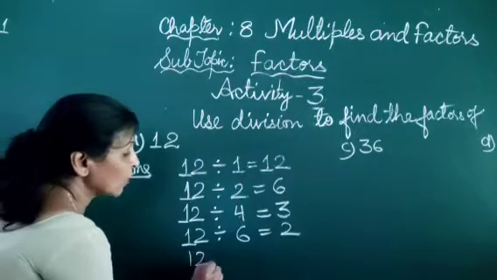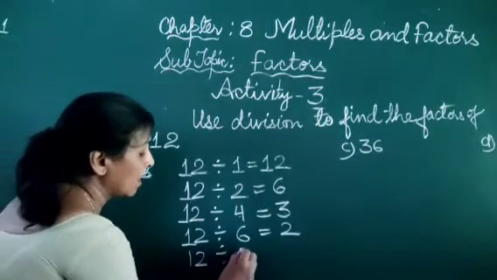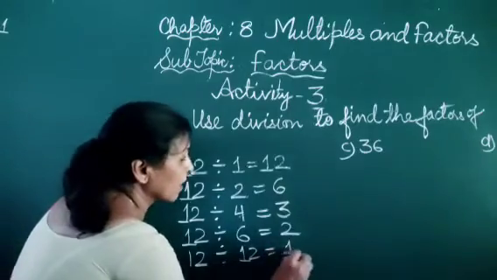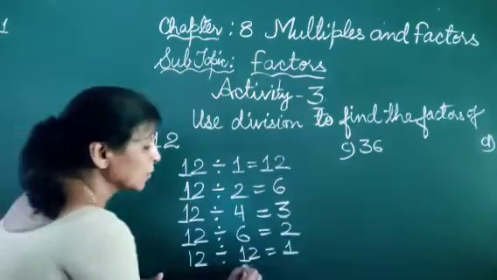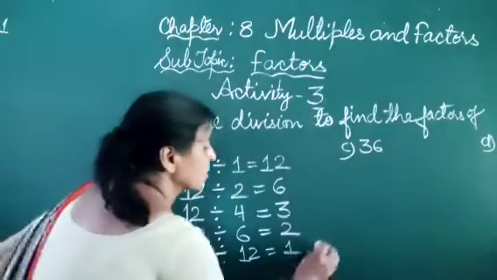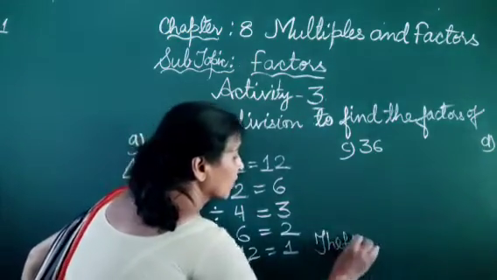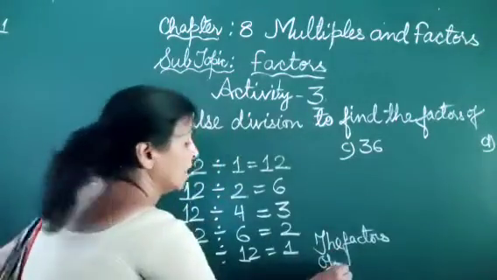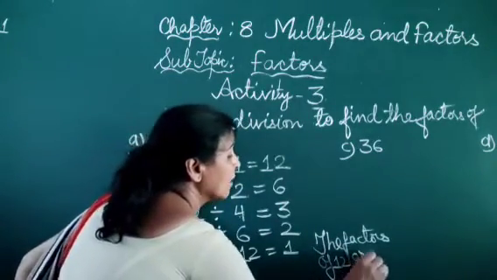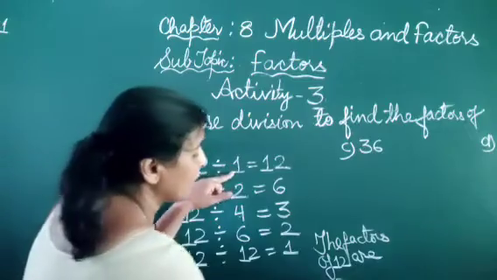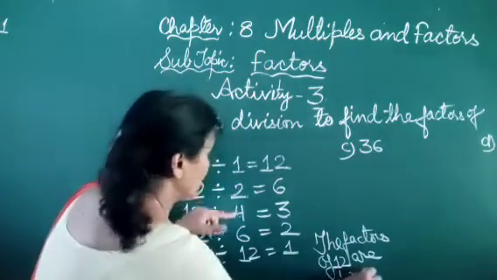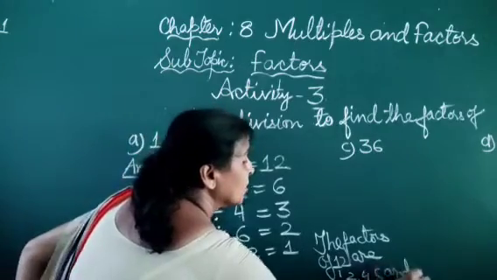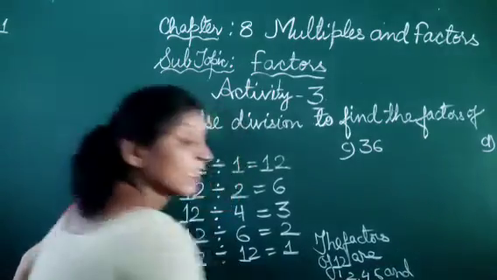And next is 12 is divided by 12, then 1 comes. So we write the factors of 12 are 1, 2, 4, 6 and 12.